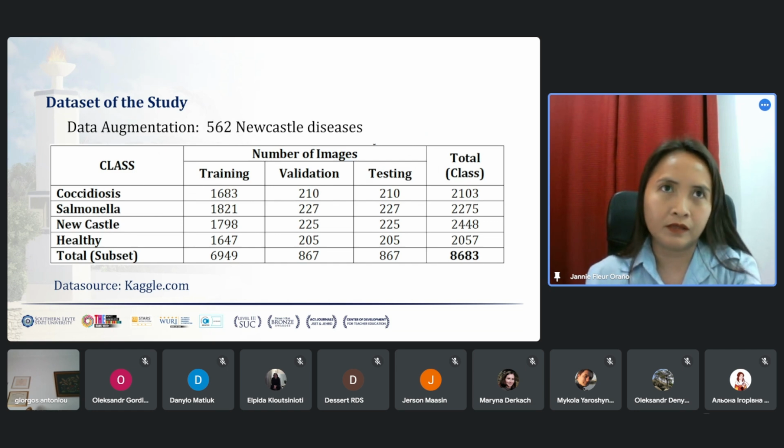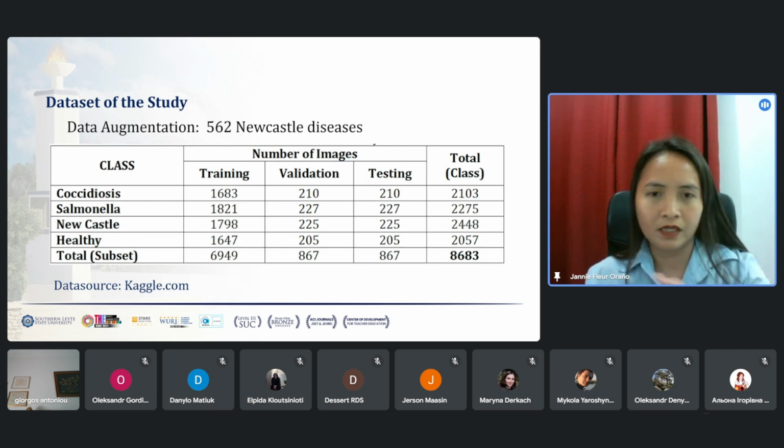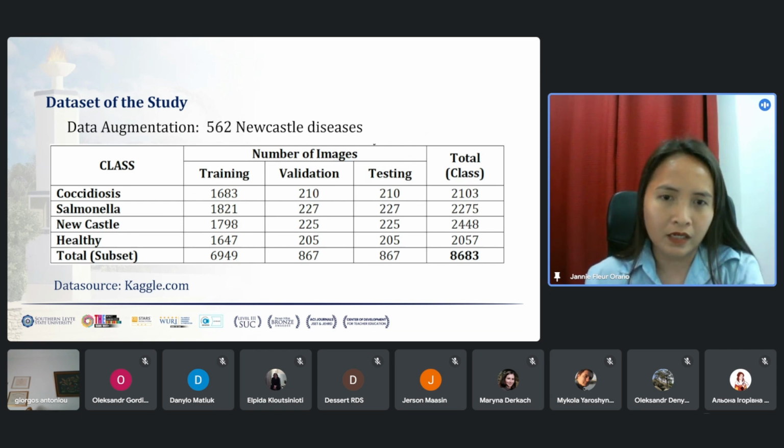Basically, we applied augmentation like rotating the image 30 degrees repeatedly, and from 562 we generated a total of 2,448 Newcastle images, making an overall total of 8,683 images for training, validation, and testing.